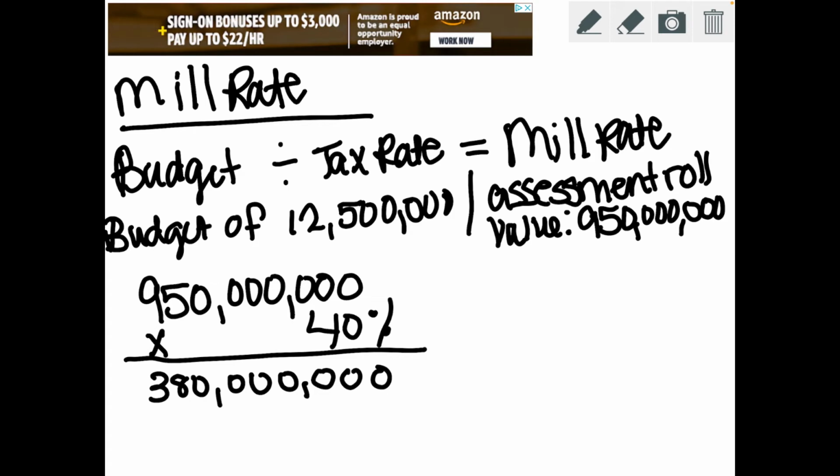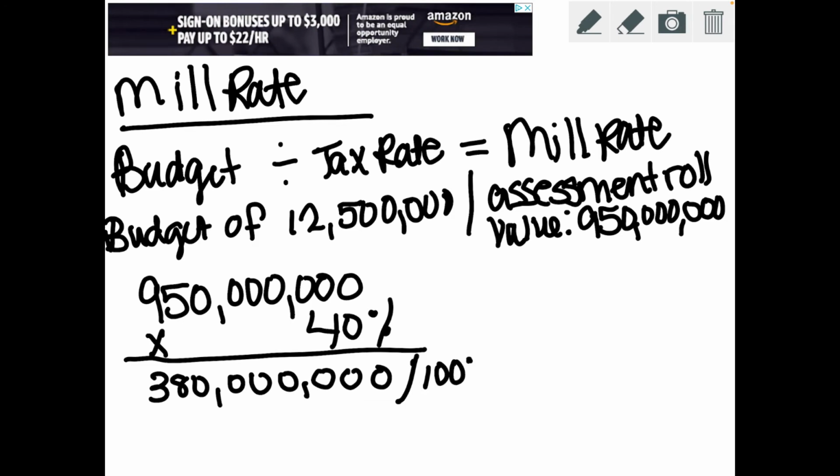So then my next step is going to be to divide by 100. And I'm dividing by 100 because, of course, this is going to be in hundreds. So how many dollars per 100? And that will help me to determine my mill rate. Remember, a mill rate can also be 100, 1,000. But for this problem, it is going to be 100.